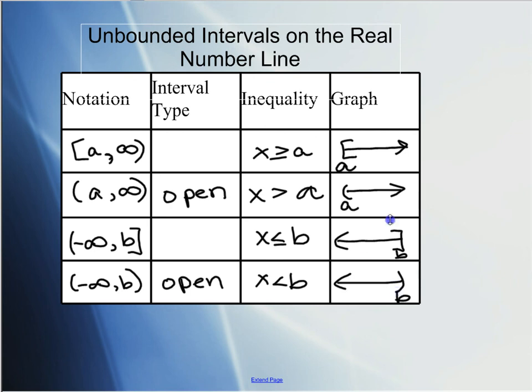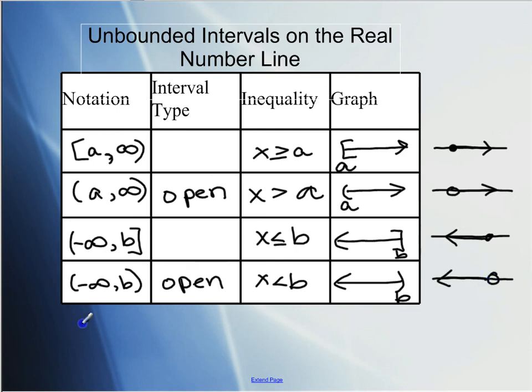And again, just like before, all of these could be done with closed and open circles instead of the brackets. And it doesn't matter to me if you use brackets or parentheses or open circles and closed circles. And Johnson County doesn't care either way either. So it's totally up to you if you prefer the circles or the parentheses and brackets.